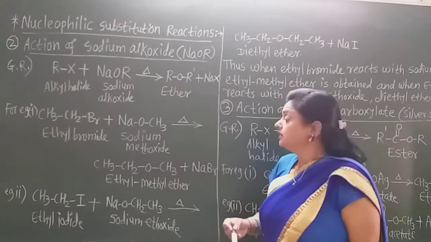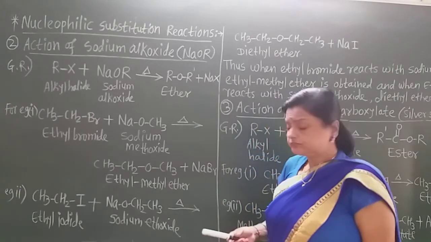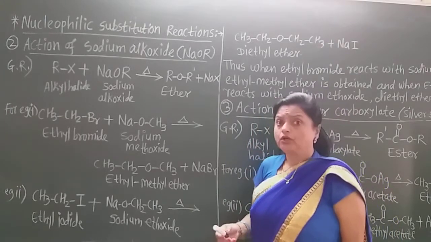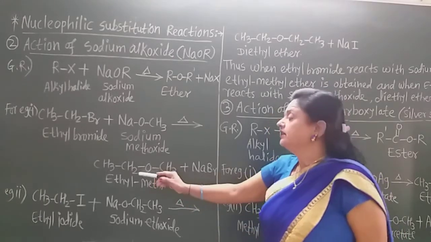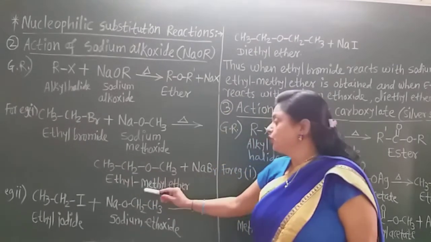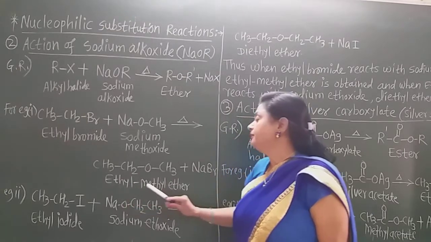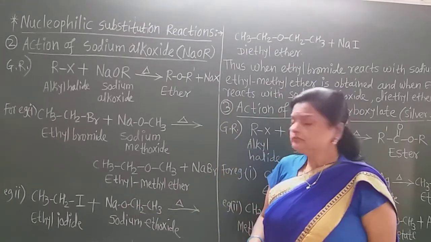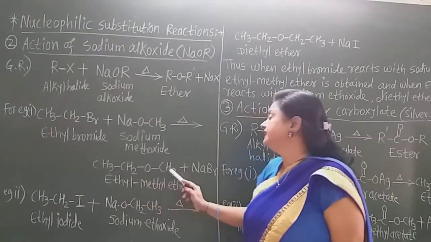We know that during the nomenclature of ether in the common name system, we give the names alphabetically. Ethyl, E comes first for the ethyl group, and then M for the methyl group. So the name of this ether is ethyl methyl ether. In 11th standard we know this is ethyl methyl ether.